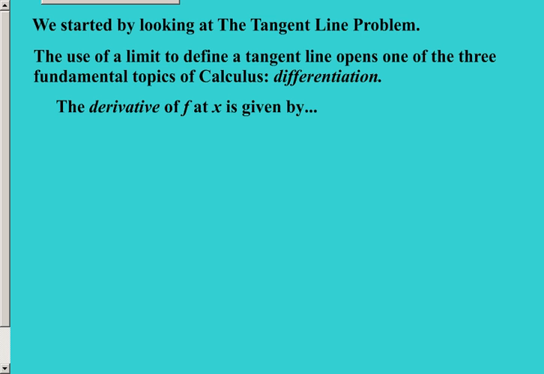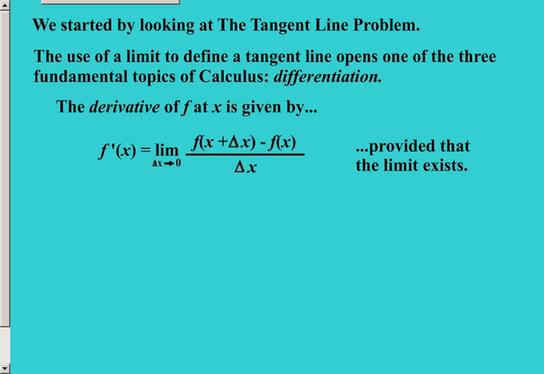Okay. Now, the derivative of a function f at any location in the domain x is given by this expression. You should very much recognize the right side of this equation. That would be the definition of a tangent line that we discovered today.